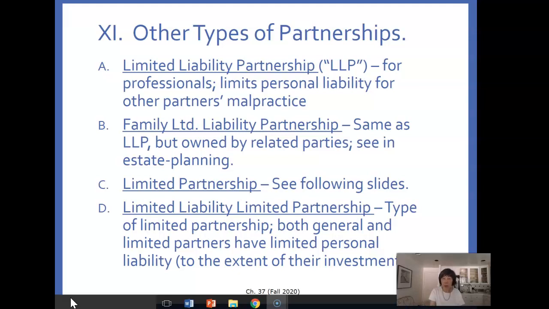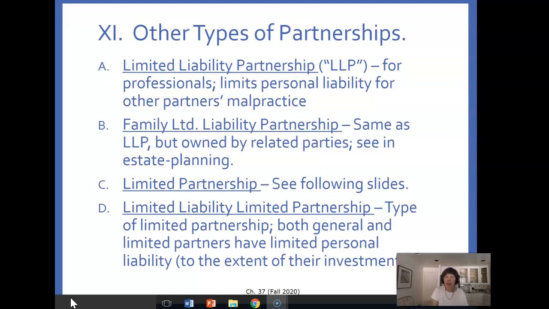What it does is limit the personal liability of each partner for their partners' malpractice. They will all still be liable, just like partners, for the rent on their office space or payment for their staff, those kinds of office expenses, overhead, but they will not be responsible for each other's malpractice. So that's a limited liability partnership.